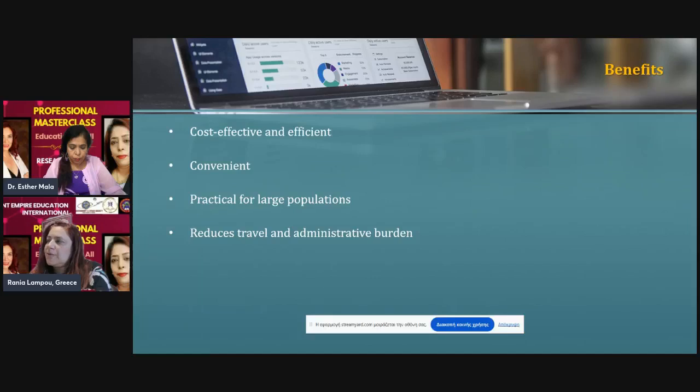It's convenient because it simplifies logistics by focusing on groups rather than scattered individuals. It is practical for large populations because it's useful when a complete list of individuals is unavailable, but a list of clusters is. And it reduces travel and administrative burden, so data collection is concentrated in fewer locations.